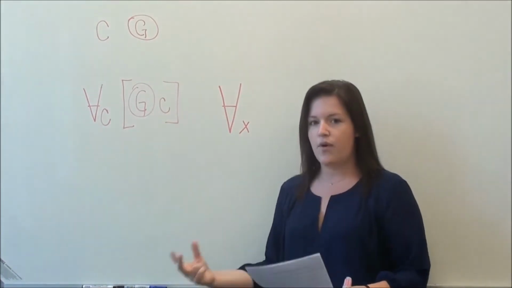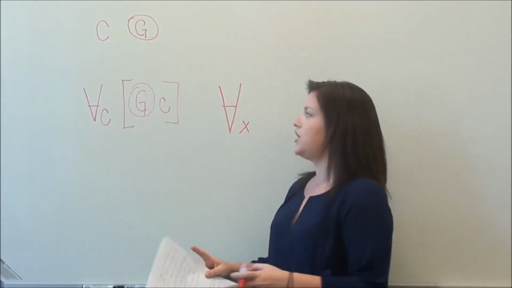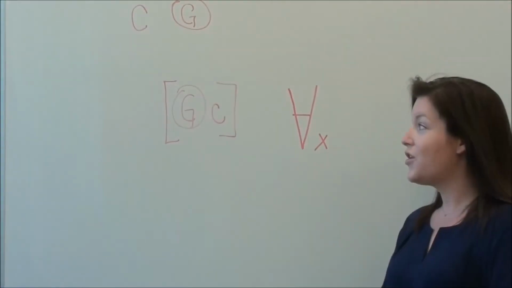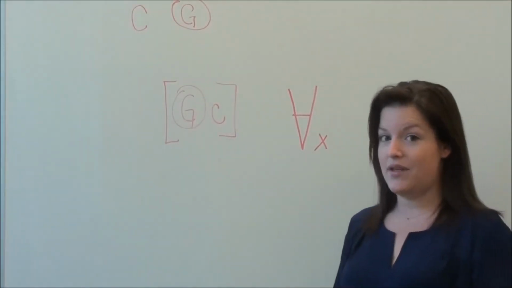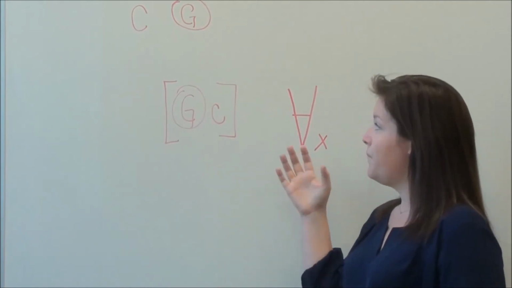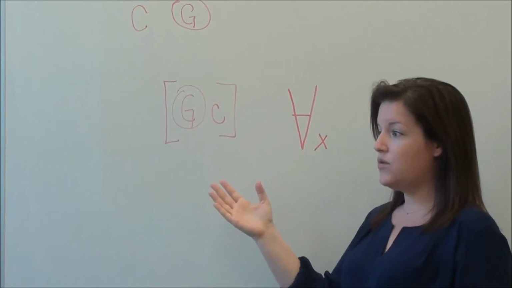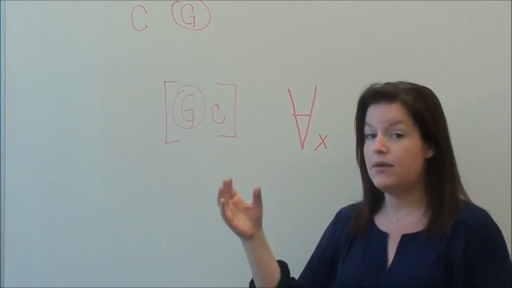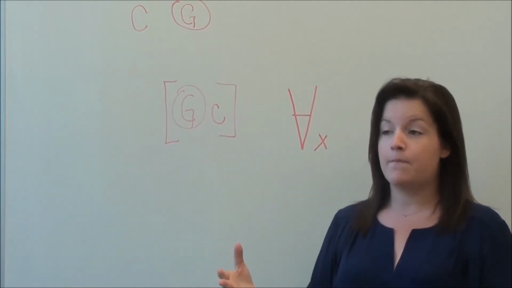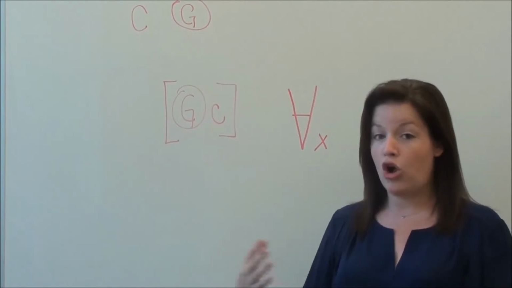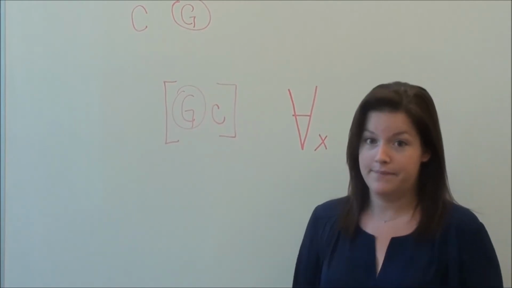Now we can't just take away our for all, because it will completely change the meaning of our sentence. Once our quantifier is removed, we have a new statement. This statement says that we have a cookie C that is ginger. Now this depends which particular cookie we choose, and this may be true or it may be false. So it's no longer making a statement about all of our cookies, just one of them.